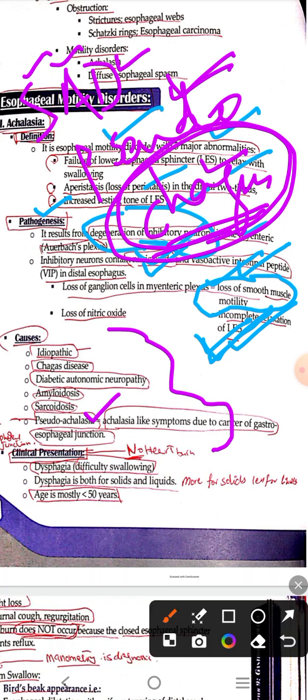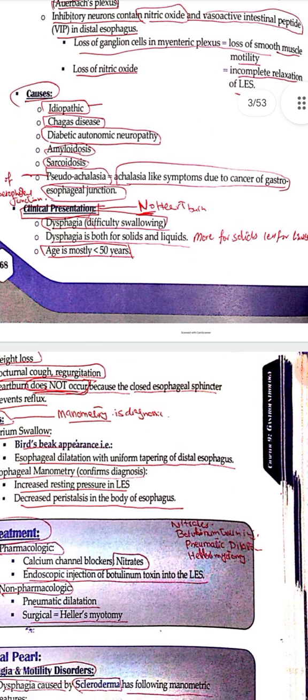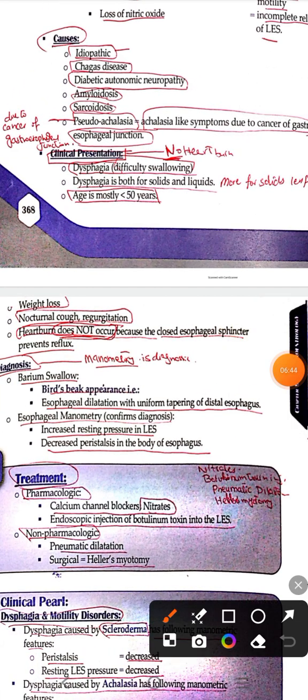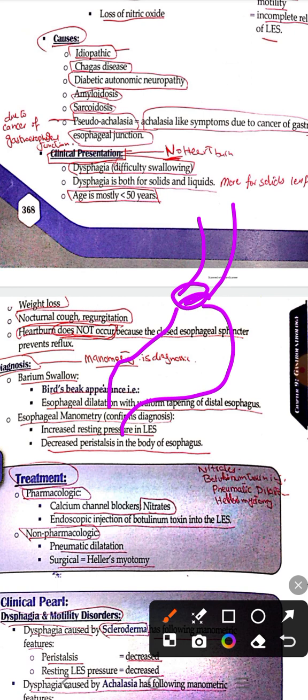After that comes the clinical presentation. You don't have to cram it. You can easily remember it: suppose someone's lower esophageal sphincter is not working, then what can happen? Dysphagia will occur because food or bolus is not passing into the esophagus after some bites.